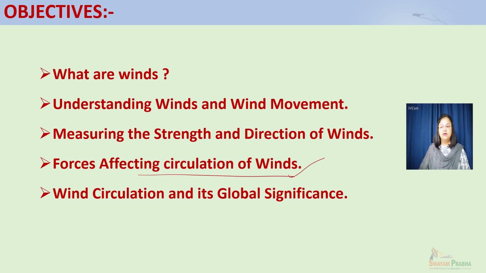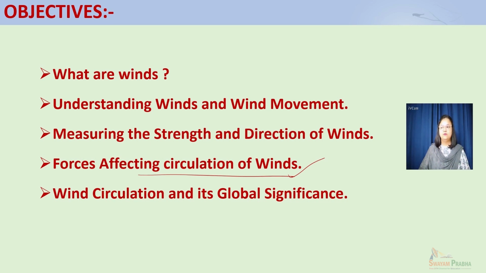And finally, we will be discussing wind circulation and its global significance, how the circulation of winds impact the various climatic and weather conditions across the globe. And we will even discuss the importance of wind circulation in climatology and in studying the weather and climatic systems across the globe.